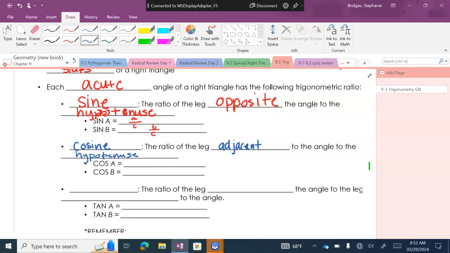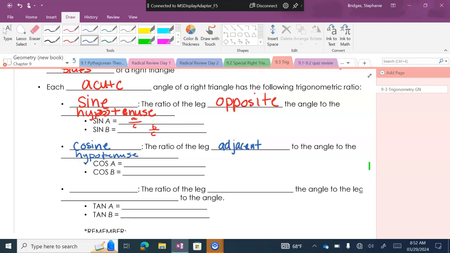Let me draw my picture so I don't have to keep going back and forth. This is A, this is B, this is C, lowercase a, lowercase b. All right, so the first one wants us to look at the cosine of A. So here we are focusing on A. It is the adjacent leg. Remember, the legs are the two that make your right angle.